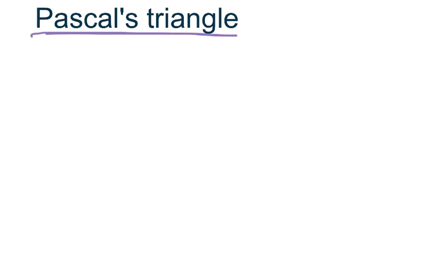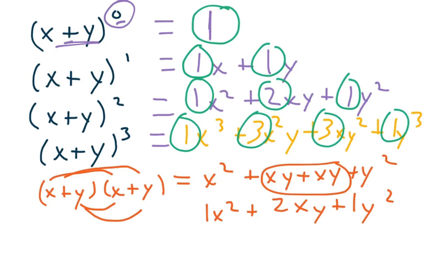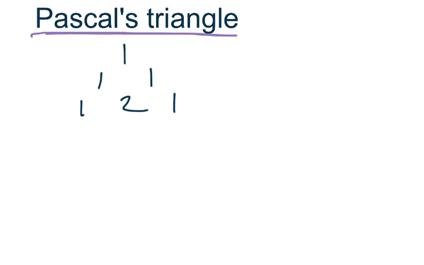This is what we call Pascal's triangle. Pascal's triangle goes 1, then 1, 1, then 1, 2, 1. Again, I'm just doing what I highlighted here in green, right? The coefficients. And then finally, it goes 1, 3, 3, 1.